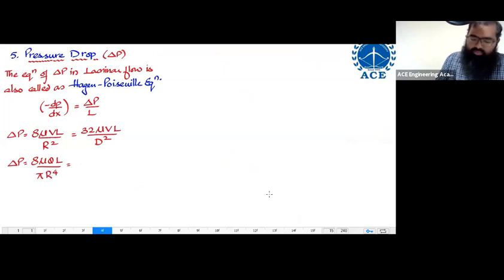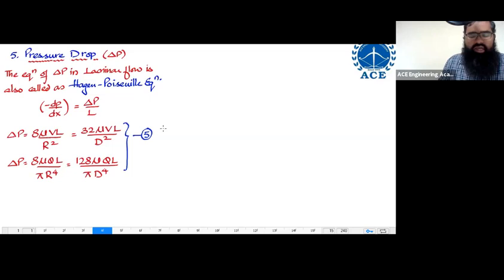If you want it in terms of diameter, R is basically D by 2, so you're going to get 128 mu QL upon pi D power 4. These two form my equation number 5.